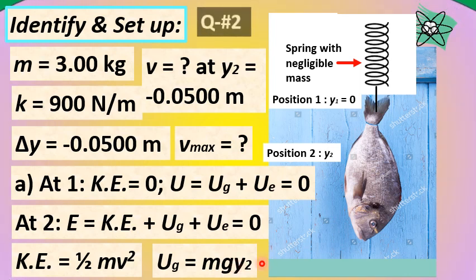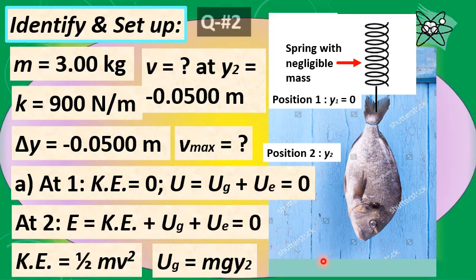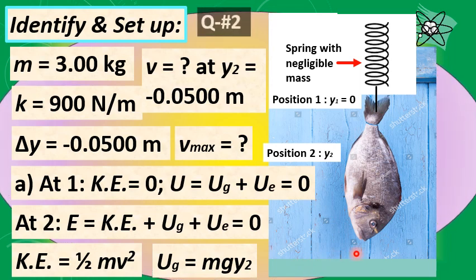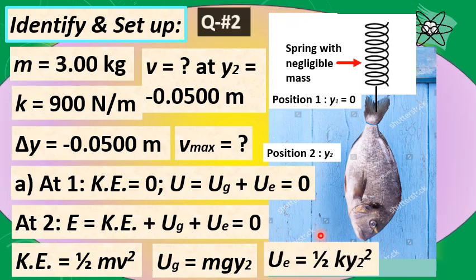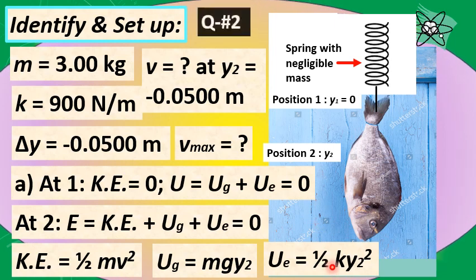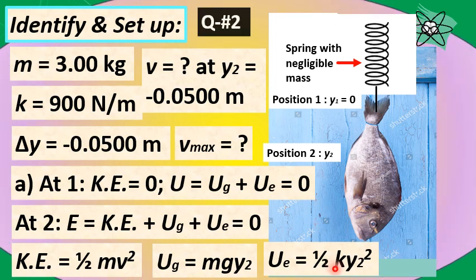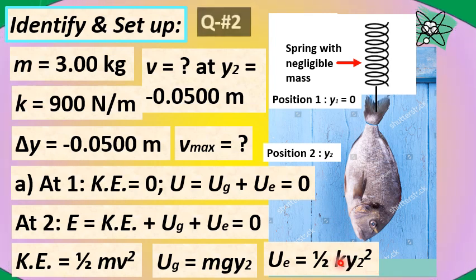And lastly, the elastic potential energy U sub E is also expressed as 1/2 of the force constant of the spring K, and the square of the position y sub 2.